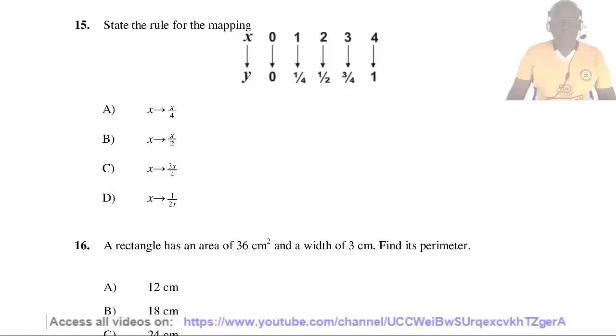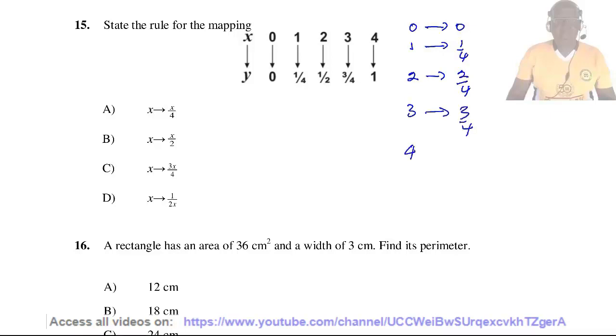Question 15. State the rule of the mapping. S maps into Y. 0 maps into 0. 1 maps into 1/4. 2 maps into half. 3 maps into 3/4. 4 maps into Y. Now from the mapping, 0 maps into 0. 1 maps into 1/4. 2 maps into half, which can be written as 2/4. 3 maps into 3/4.